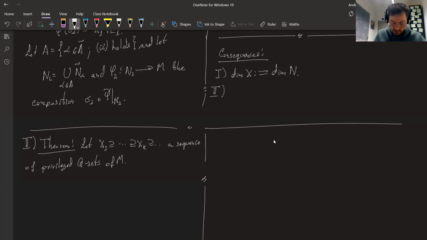I'm using this kind of in an abuse because I didn't define it before, but that's what it means: there exists a privileged ideal sheaf whose zero locus is equal to the set.